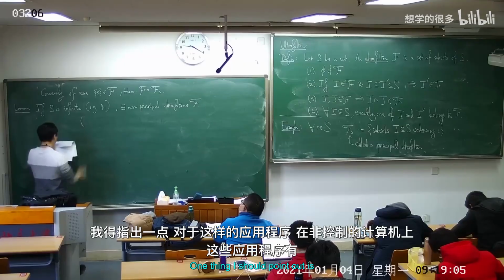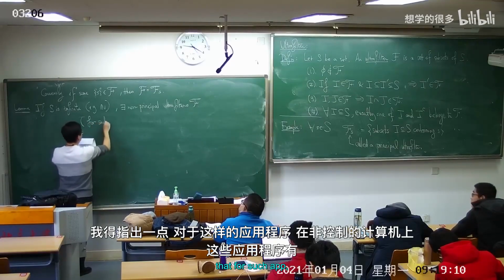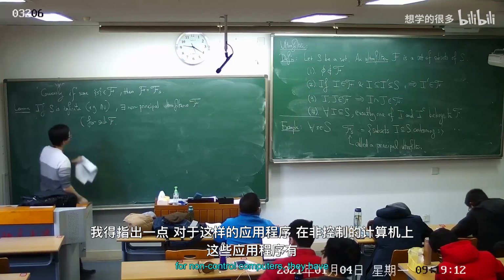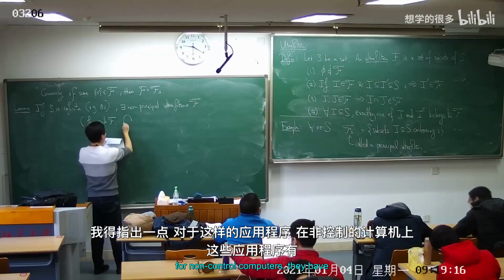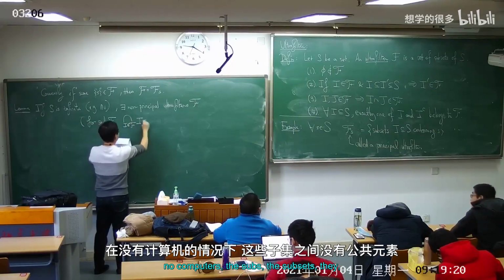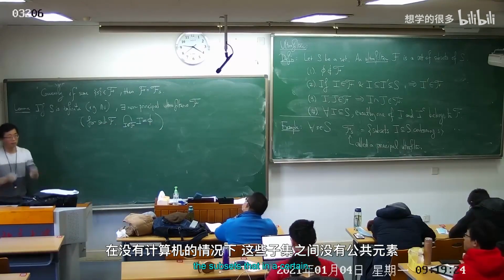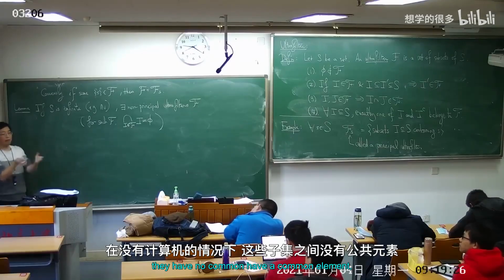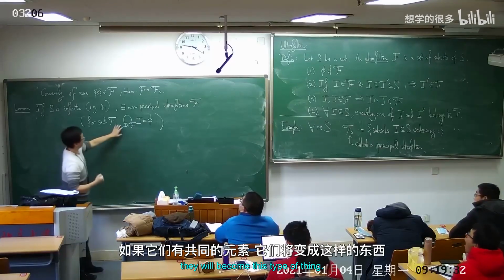One thing I should point out is that for non-principal ultrafilters, the subsets in F have no common element. If they had a common element, it would become this type of thing.